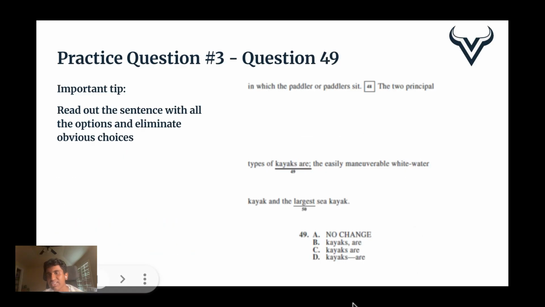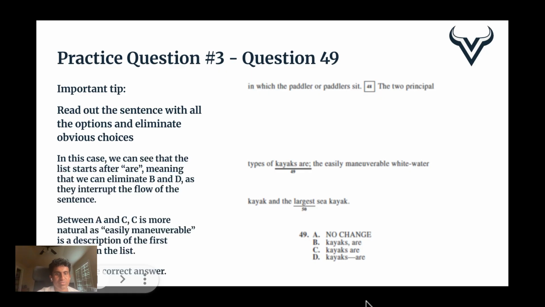Okay, and now the last example. For question 49, you want to look at what is the best choice for this underlined section.